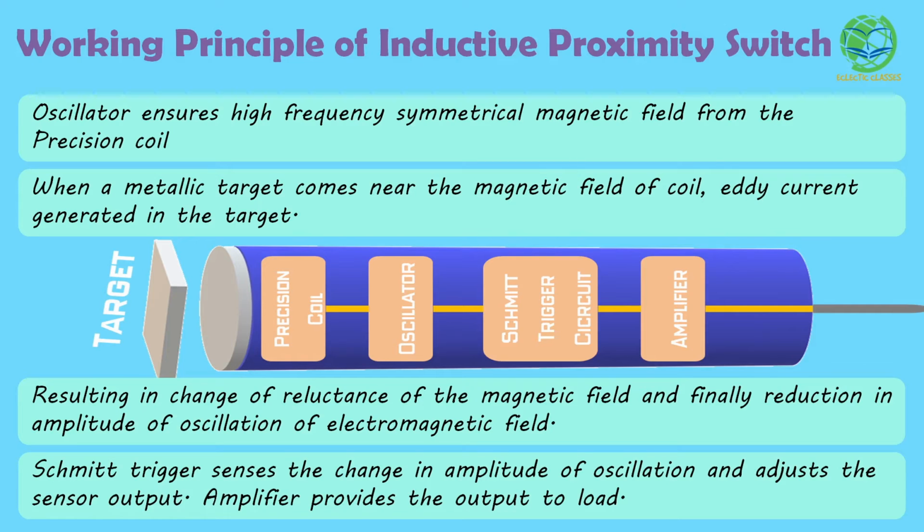In turn, it will cause loading and will finally result in a decrease of amplitude of the oscillating electromagnetic field. This decrease will be sensed by the Schmitt trigger circuit and it will adjust the sensor output as per the sensed oscillation amplitude. The output amplifier provides the output to the load.